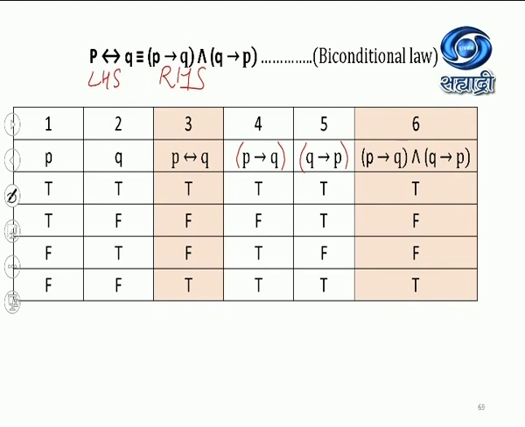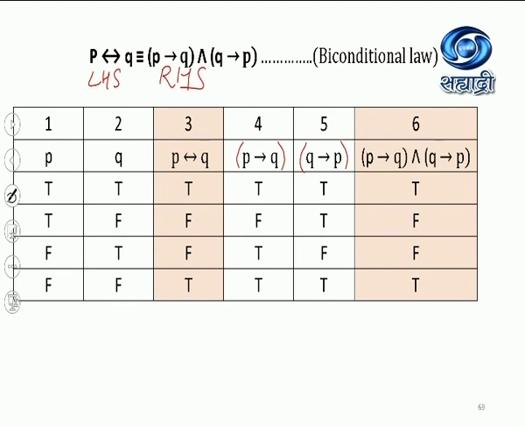Now, writing the truth values will be done based on the hints for the connectives. Before that, note that there are only 2 statements P and Q. So there will be 4 truth values for P and Q. And what are they? They will appear by default in the first 2 columns as TTFF and TFTF.